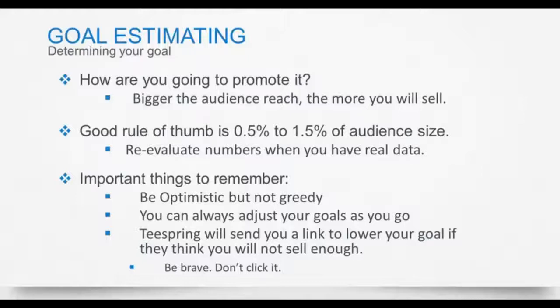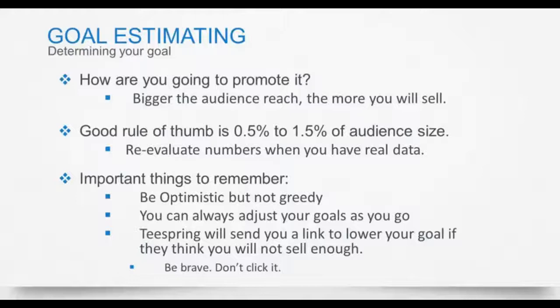But since some of you are going to be doing this for the first time, a good rule of thumb to follow is 0.5% to 1.5% of your audience size will buy your shirt. Okay, so figure out what your audience size is going to be, or your estimated audience size. It doesn't have to be exact. Get a rough idea of that, and then go on the low end. Say 0.5% of the people are going to take me up on it.